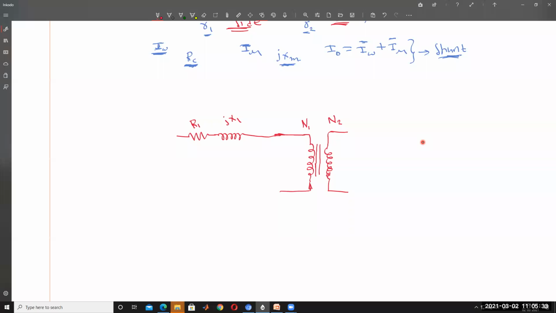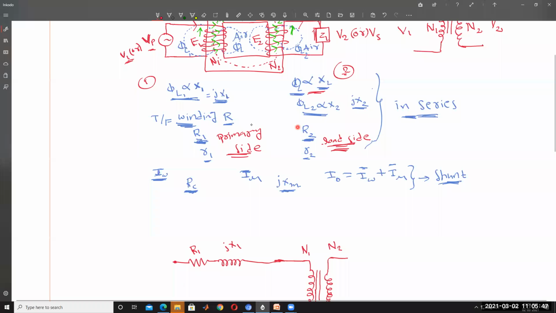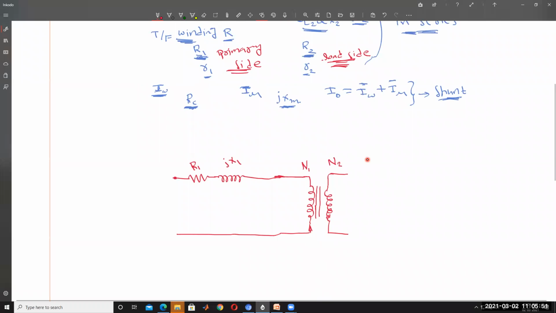R1 and j into X1. This is the supply voltage. If you consider only the series branch parameters, this is the primary voltage V1 or Vp, and this is I1. R1, jX1 and I1.